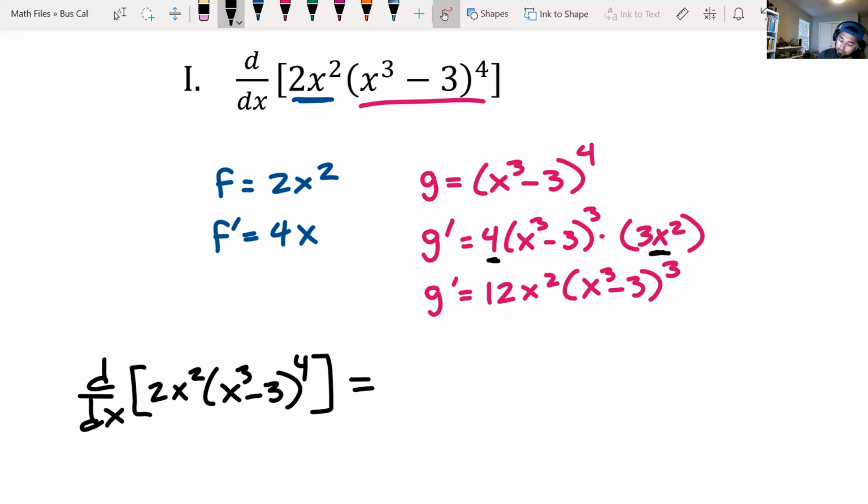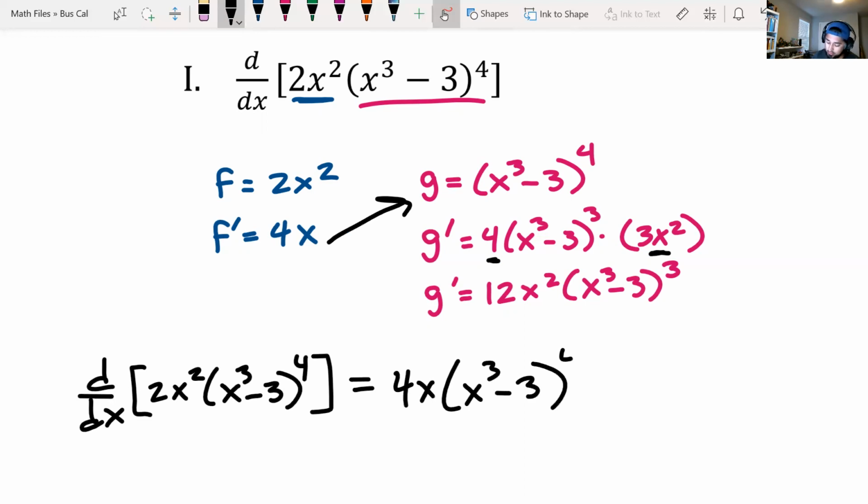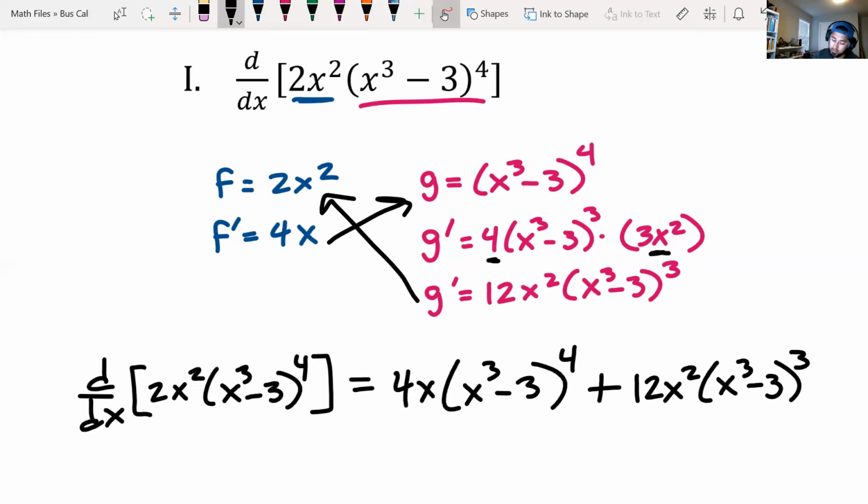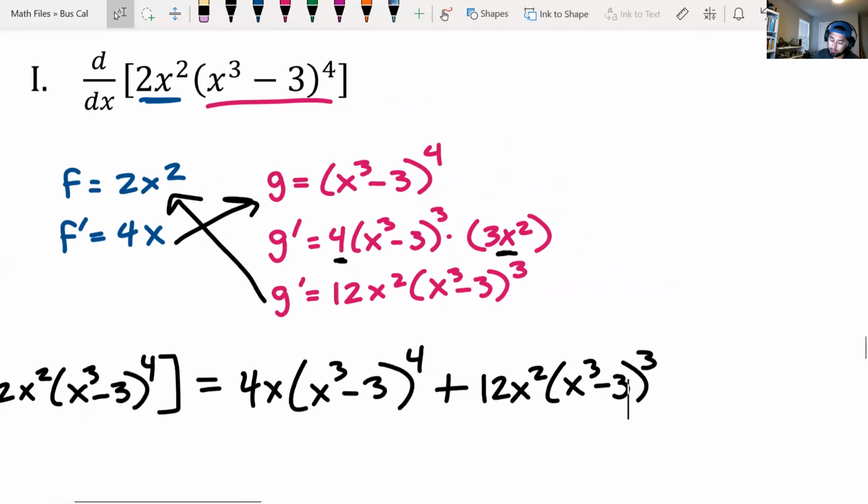There we go. f prime g, 4x times (x cubed minus 3) to the 4th, plus g prime f, 12x squared times (x cubed minus 3) to the 3rd times 2x squared.